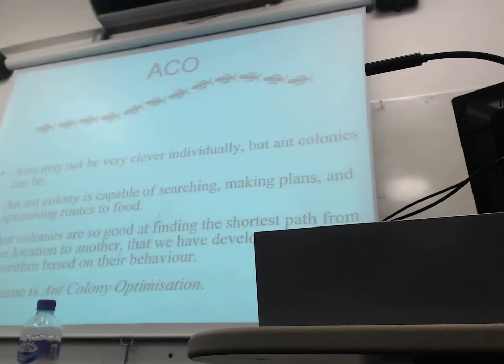You can vaguely see these as algorithms inspired by swarm-like behavior: a bunch of individuals working together as a unit, behaving independently. Okay.